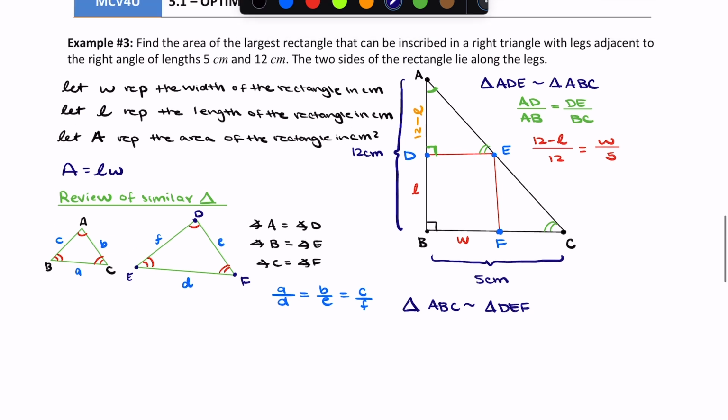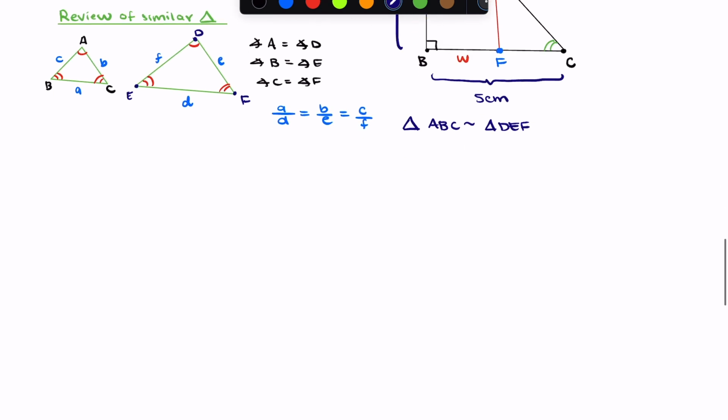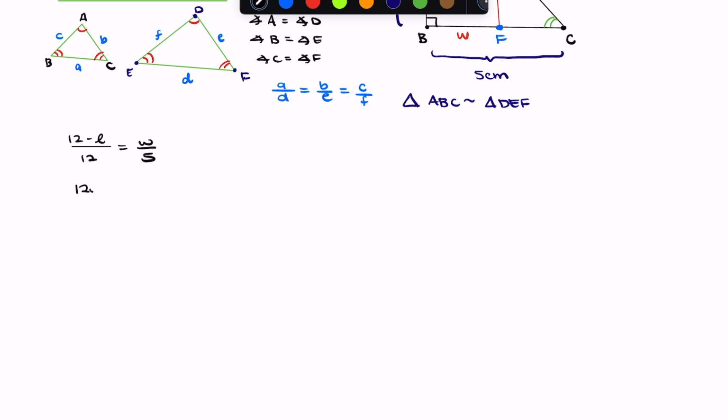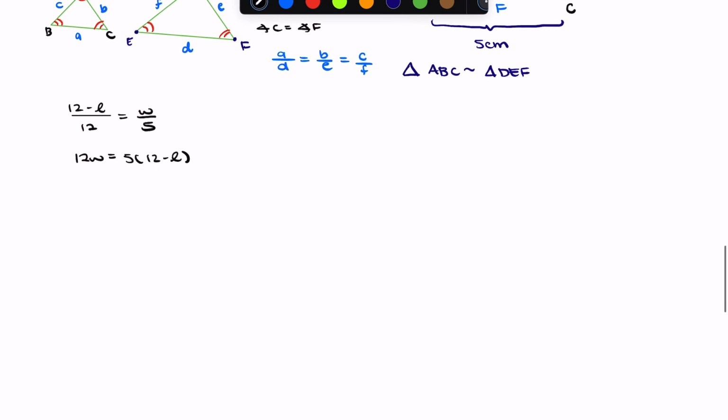Okay, so with the stuff that we already indicated up top in terms of the similar triangles, we know that 12 minus L over 12 is equal to W over 5. So here, let's cross multiply. So we get 12W is equal to 5 bracket 12 minus L. Let's multiply this in first.